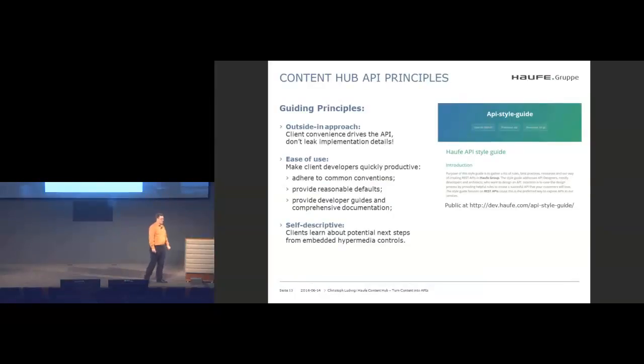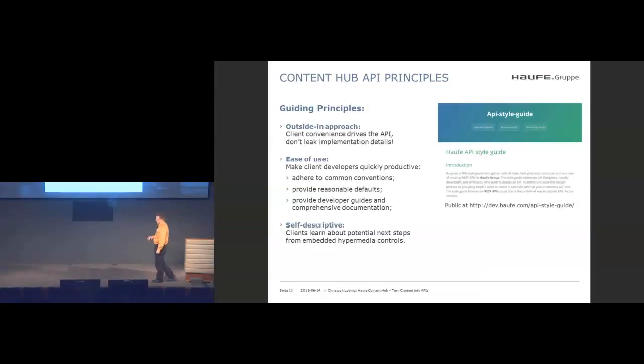Now we knew which APIs we needed. Question was, how are we going to design them? And there were a number of guiding principles. Foremost, the outside-in approach. The API, or all our APIs, must be driven by the convenience for the client.